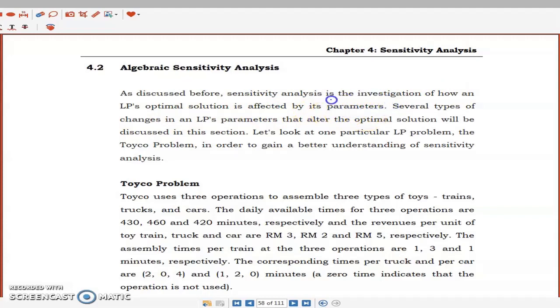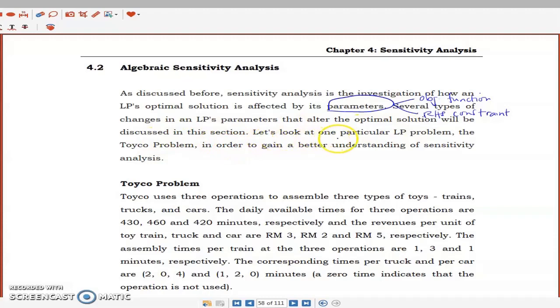So this parameter can be the coefficient in the objective function, or the right hand side of the constraint. Several types of changes in an LP's parameters that alter the optimal solution will be discussed in this section.